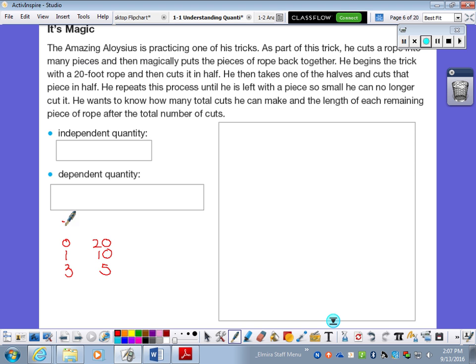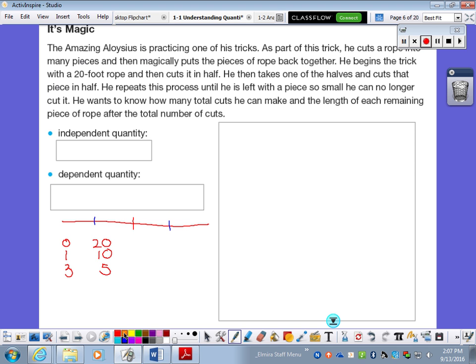Okay, so let's draw this rope. One cut makes two pieces, each one being 10. Then he takes each piece and cuts it in half again. So now that's a total of 3 cuts, and each piece is now 5 feet. 5, 10, 15, 20.